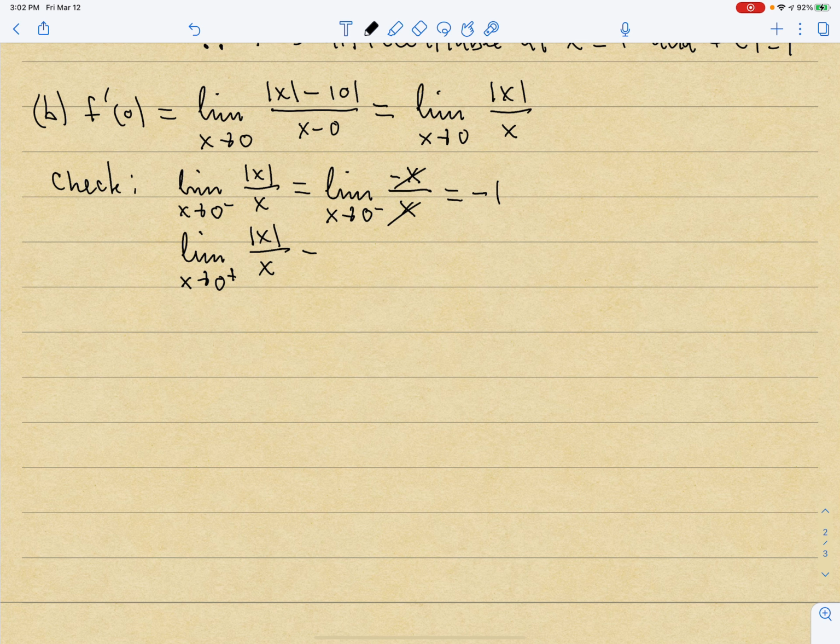In a similar way, if I take a limit from the right, x goes to 0 from the right, so it remains positive. Absolute value of the positive number is itself, x over x, that's a limit of 1, and so it is 1. These two are not the same number.